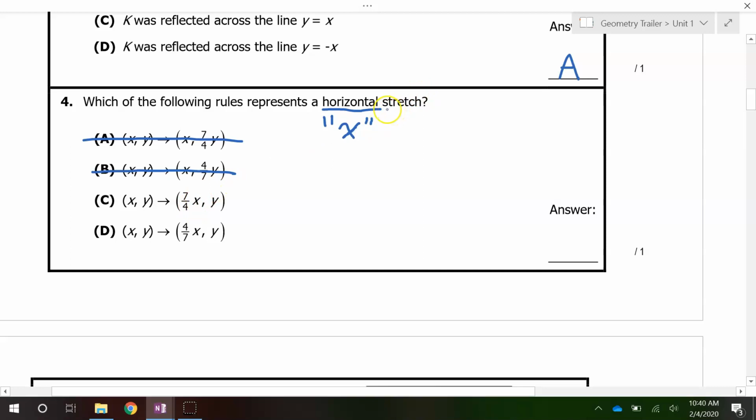Now, when you see that it is a stretch, that means that the number in front has to be bigger than 1. And 7 over 4, that's the one that is bigger than 1. If the numerator is bigger than the denominator, then the fraction is bigger than 1. Okay, this D would have been a horizontal shrink.